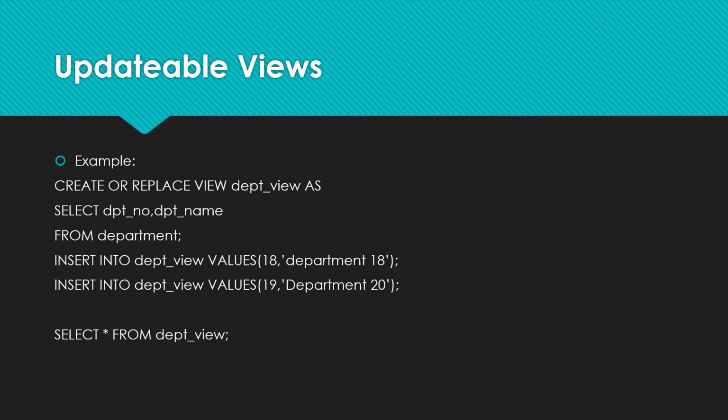Insert into dept_view values open bracket 18 comma open single quote department 18 close single quote close bracket semicolon. Insert into dept_view values open bracket 19 comma open single quote department 20 close single quote close bracket semicolon. Select star from dept_view semicolon.